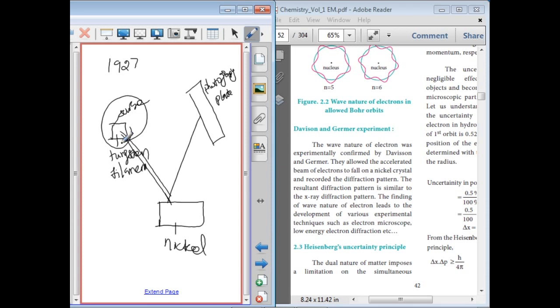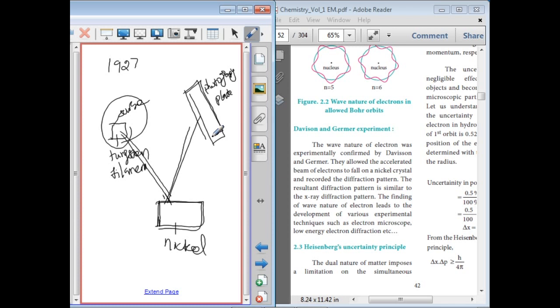The fine beam of accelerated electrons is allowed to fall on a single nickel crystal. The electrons are scattered from the crystal in different directions. The diffraction pattern so obtained is similar to the diffraction pattern obtained by the Bragg experiment on the diffraction of X-rays from the target.